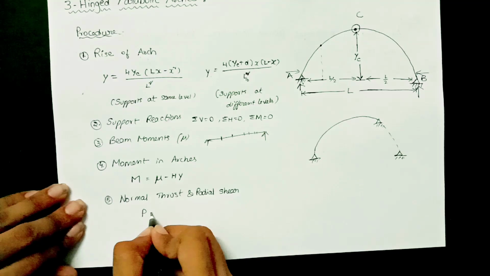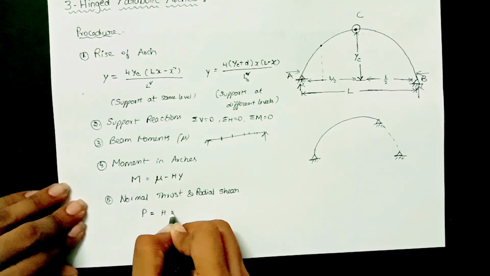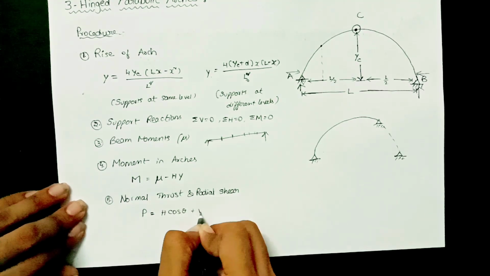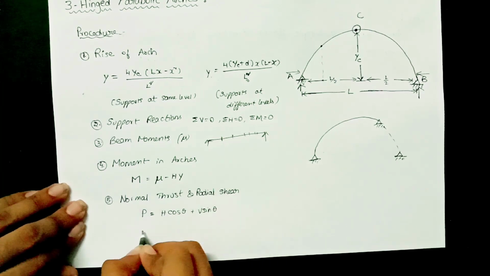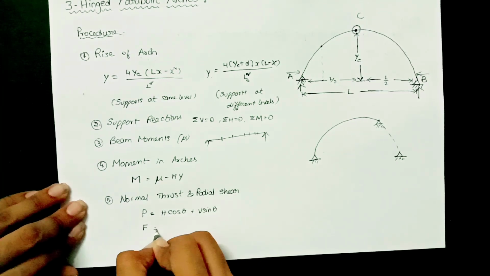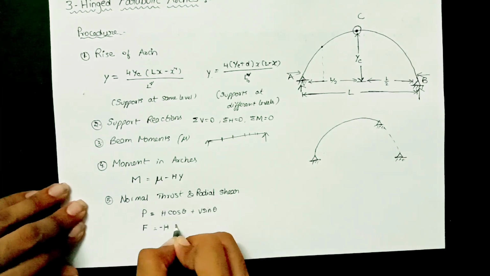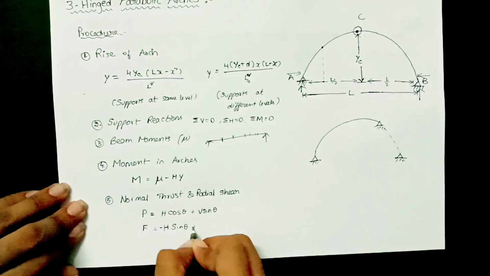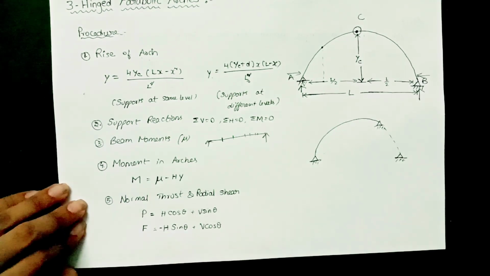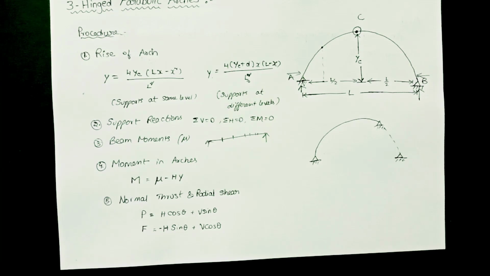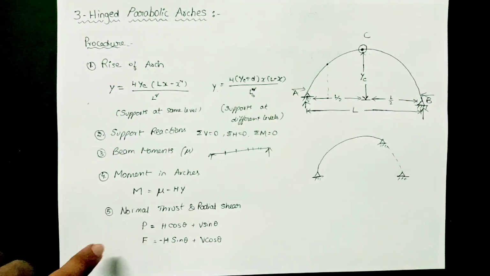The formula for normal thrust is H cos theta plus V sin theta, and the formula for radial shear is minus H sin theta plus V cos theta. By using these two formulas we calculate the normal thrust and radial shear. These are the steps we perform in the analysis of three hinged parabolic arches.